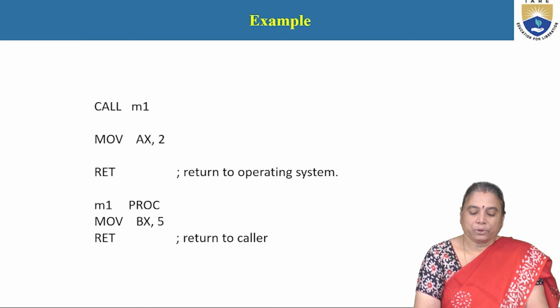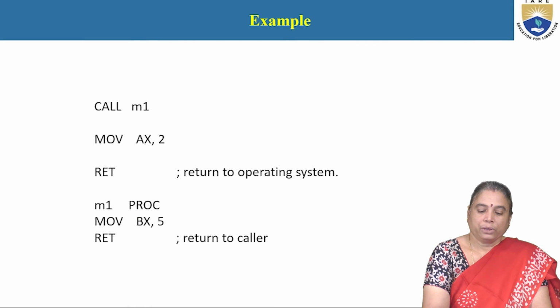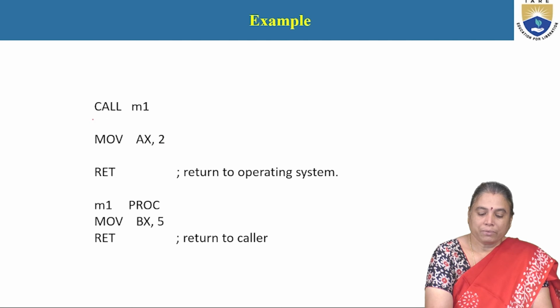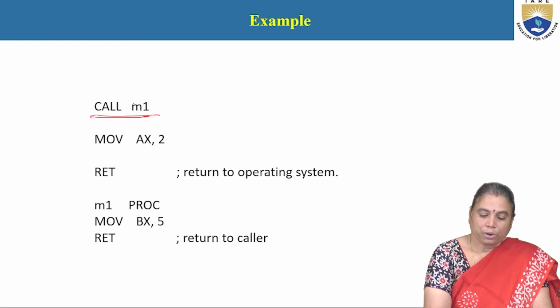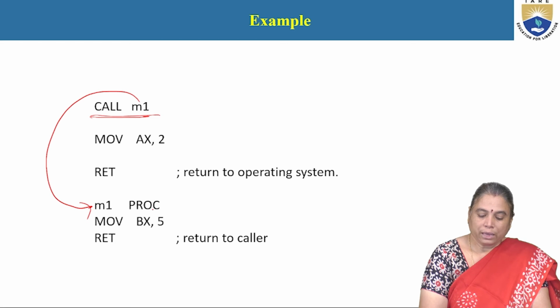So, how can the call procedure be used? Here: CALL M1, MOV AX, 2. Whenever a call statement is encountered, it alters and moves the control to the M1 procedure. In the M1 procedure, a data transfer operation moves the value 5 to the BX register, and then RETURN.